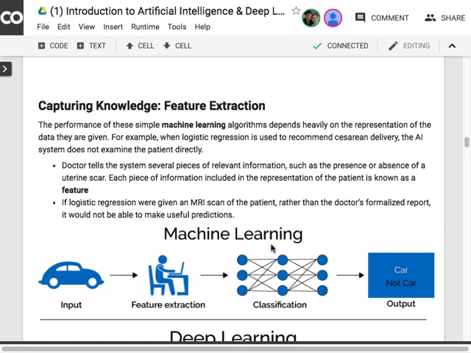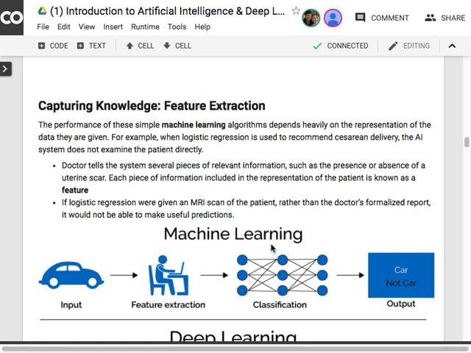Something like in logistic regression, for recommending whether the delivery should be an operation or not, the doctor who takes care of the case is the one who talks with the patients and inspects the patients, and they input into the system several pieces of information, such as blood pressure, the presence or absence of a uterine scar, and a lot of information about this woman who is planning to deliver.